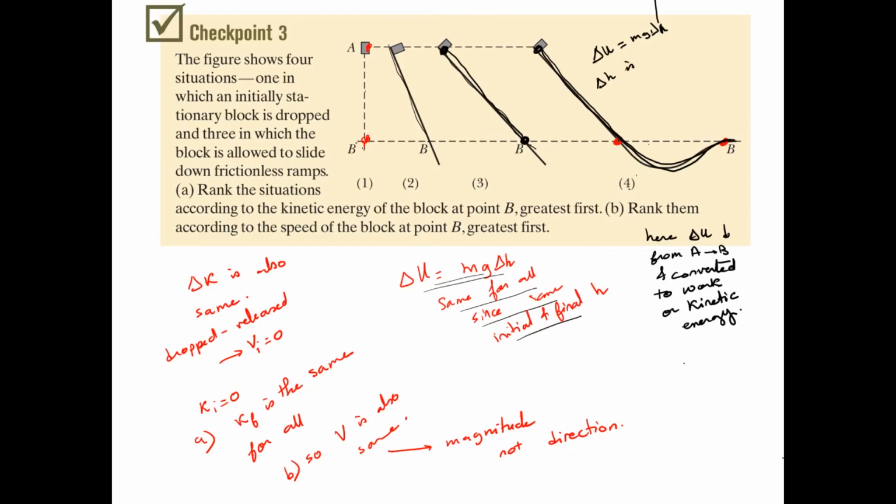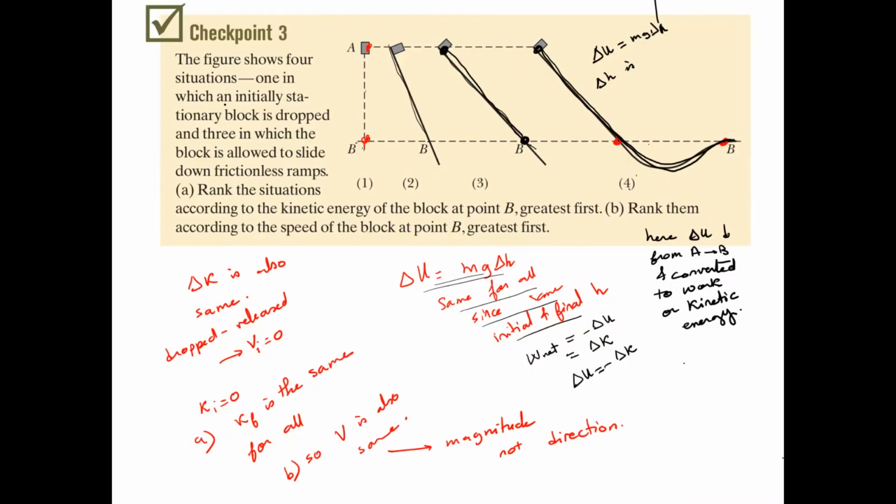So if delta U is the same, let's now look at delta K. I know that W net equals minus delta U, and this is equal to delta K, from chapter 7. So basically, I can deduce delta U equals minus delta K. Delta U is the same in all situations, then delta K is also the same in all situations.